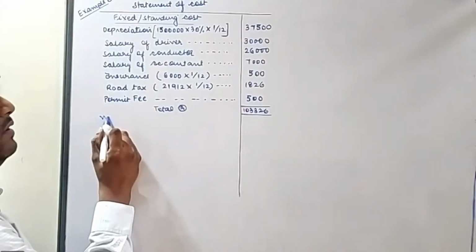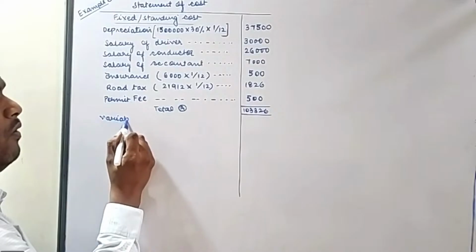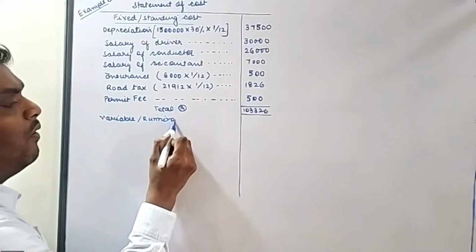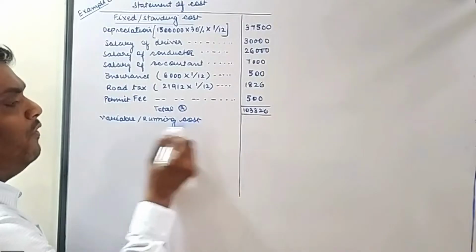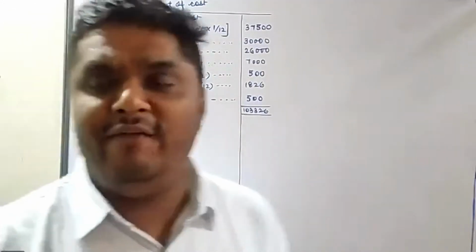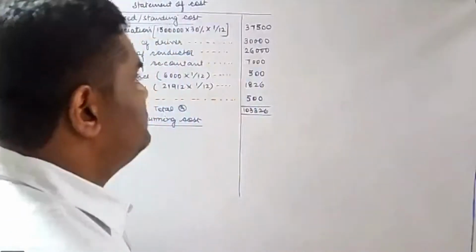Now next is variable or running cost. For this, we have to calculate the kilometers.